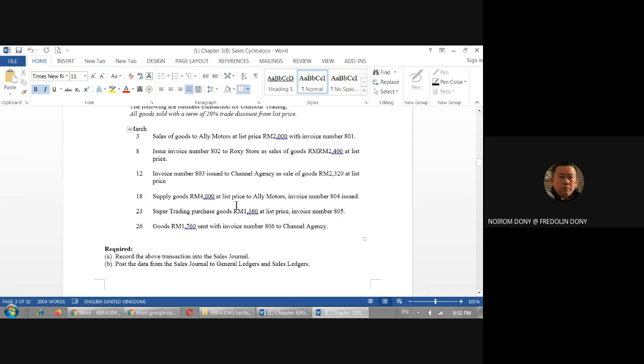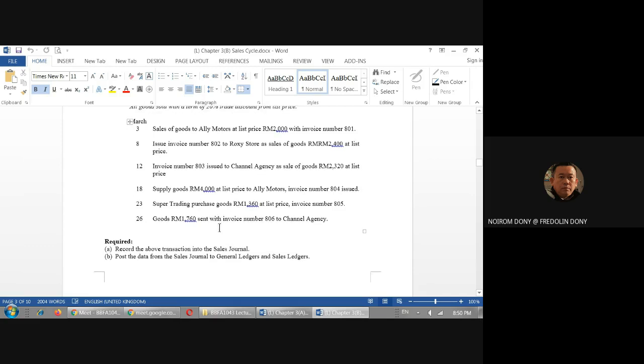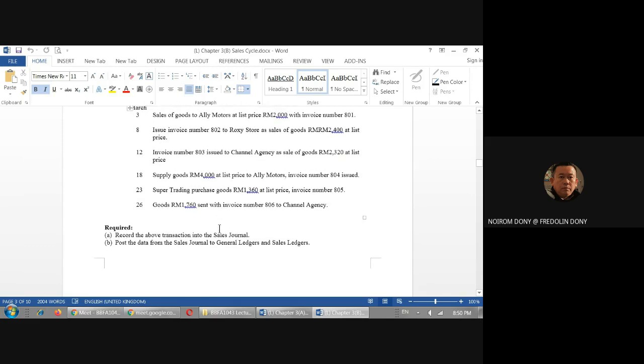So the sales journal, you prepare in a columnar form. So you need the details just like purchases. You must have a date. You must have the name under the particular column, the name of the trade receivable, and the trade discount given. And we have a sales invoice number, the adjustment column, and the net column.